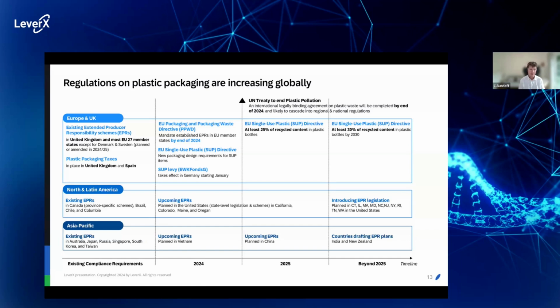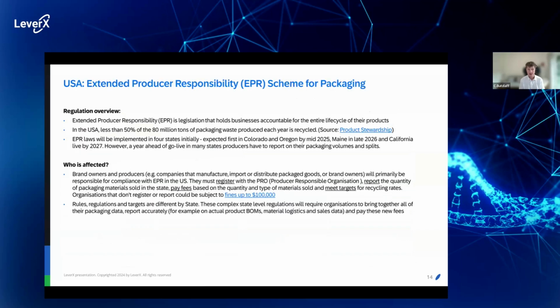We see similar themes happening in Latin America, North America, APJ. Particularly in the US, only 50% of the 80 million tons of packaging waste produced is actually getting recycled. So I think that is also the reason why a few states like Colorado, Oregon, and California are now introducing EPR schemes, and that will come soon.